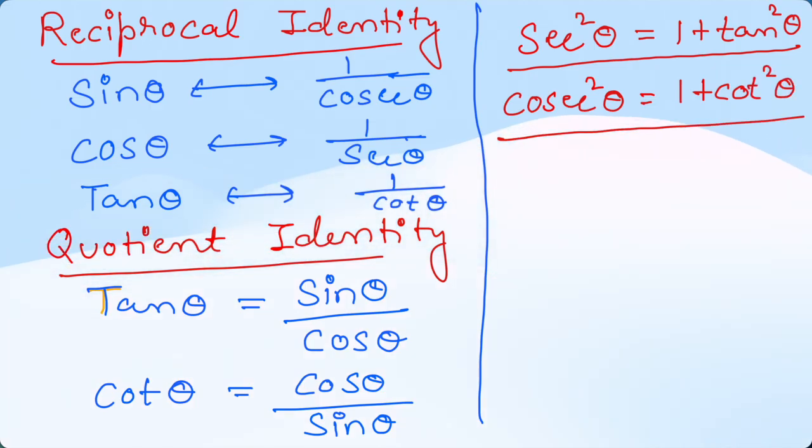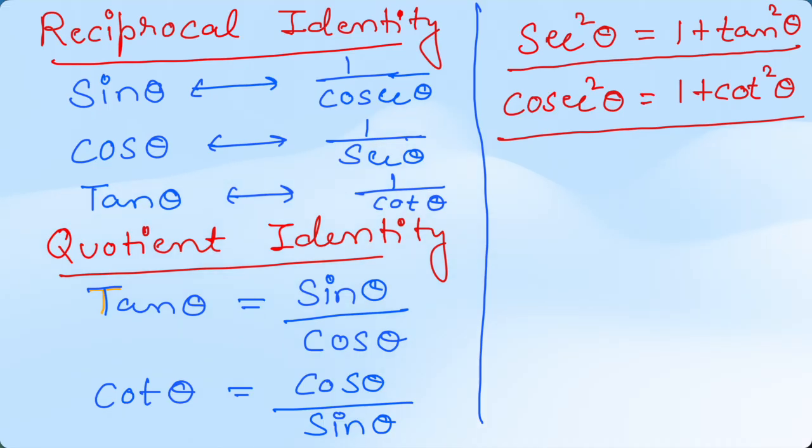Now with this, we have developed the relation between tan and sec as well. Tan and cot, I know the relation. That is reciprocal. Tan and sine and cos, I know the relation. But now we have developed the relation between sec and tan as well, right? And here between the cosec and cot as well.